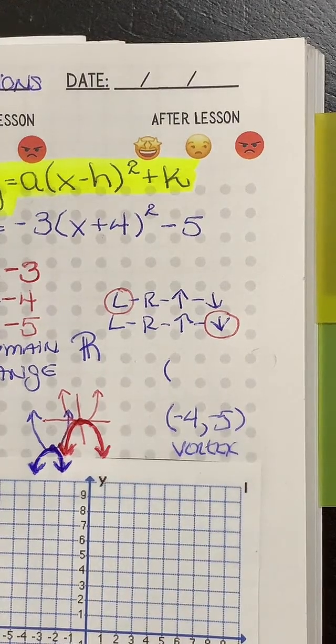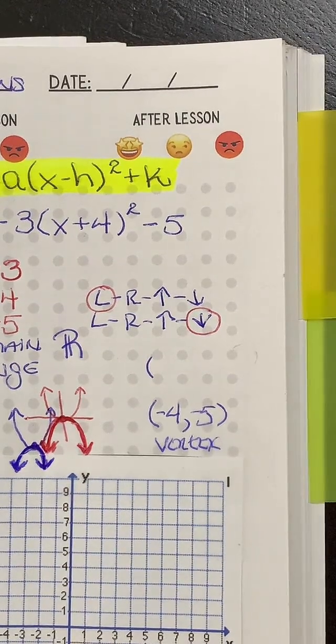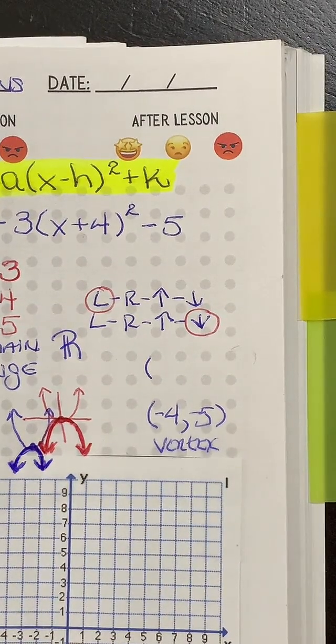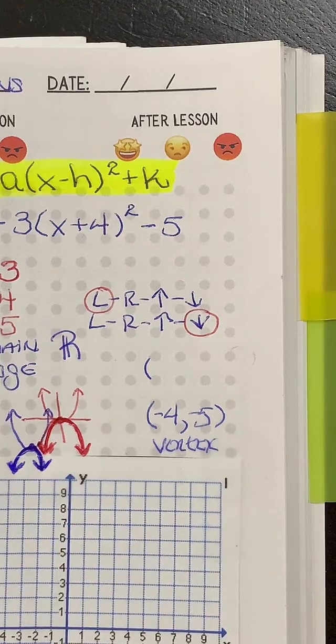Okay, there we go, Lisa. So Lisa has y is less than or equal to -5. Why is she saying less than or equal to?